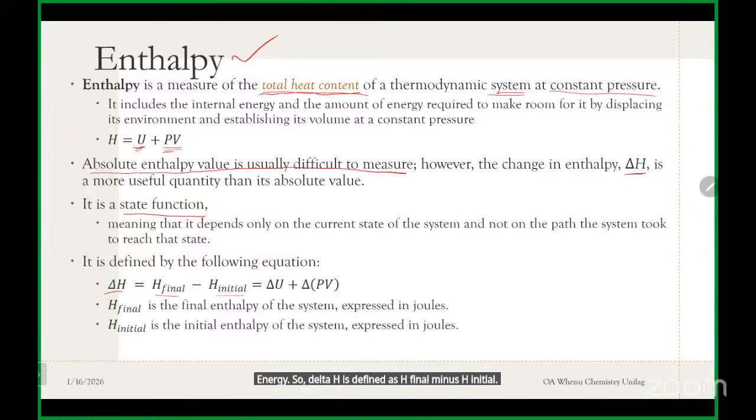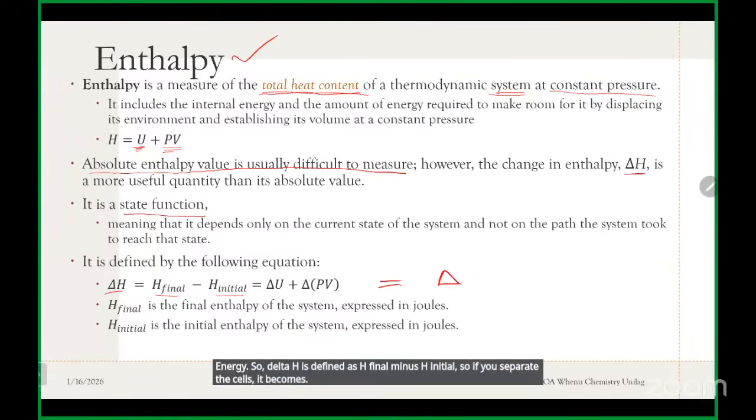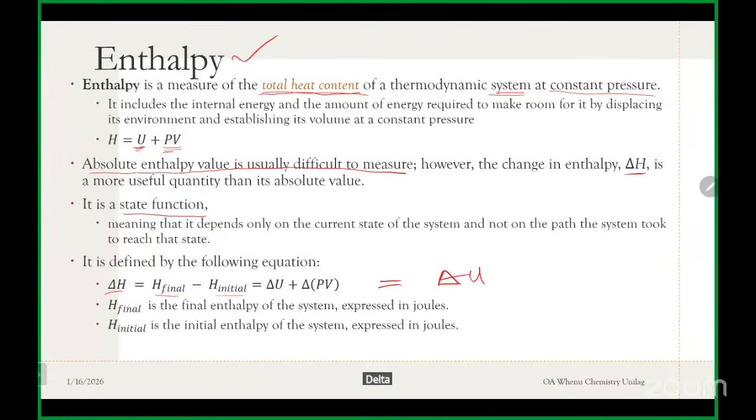So if you separate this out, it becomes delta U, U final minus U initial, plus P delta V. I don't have space there, that's why I'm not writing it all out.